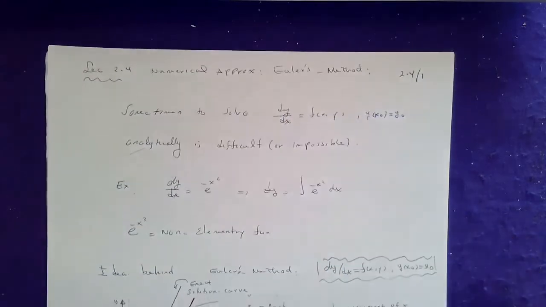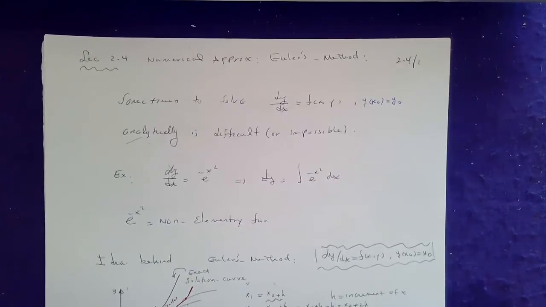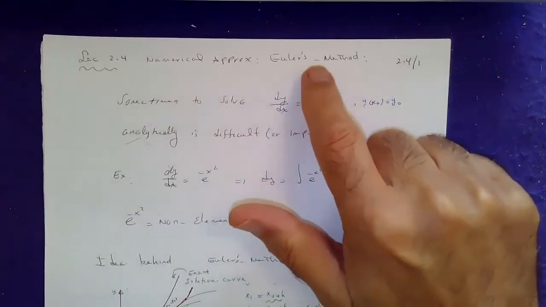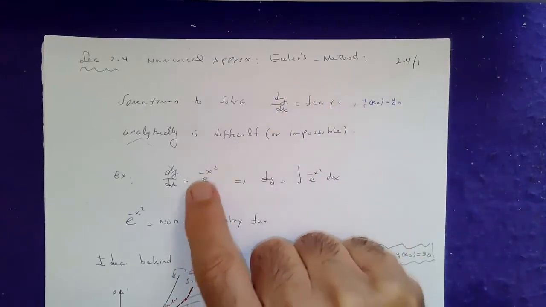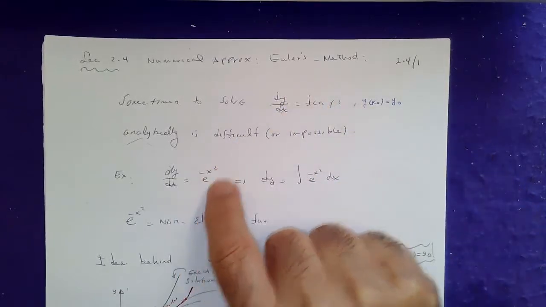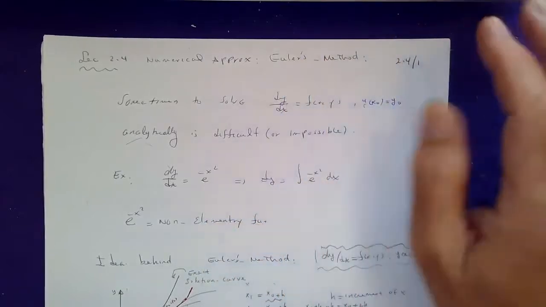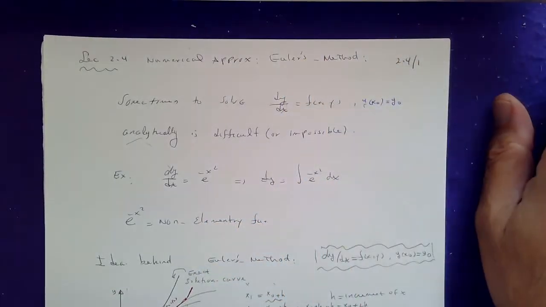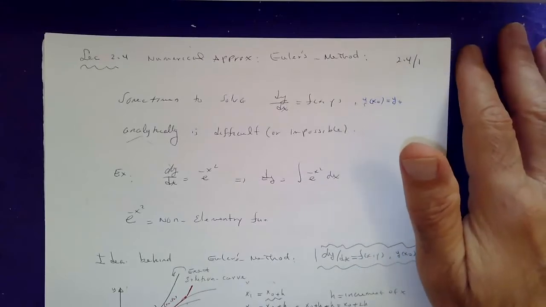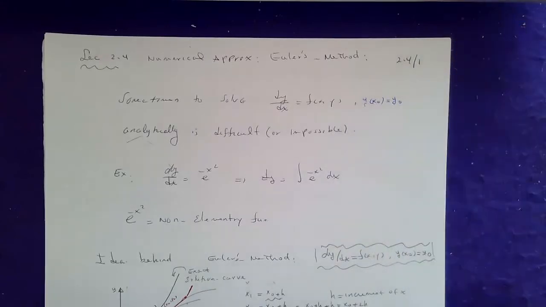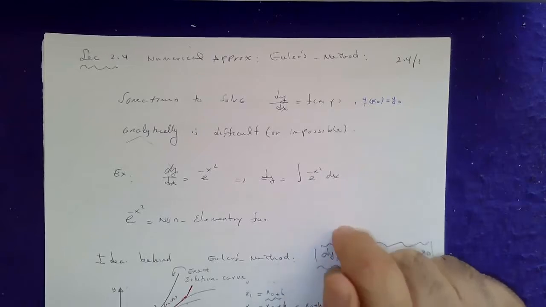Because it was the very first algorithm to approximate solutions of differential equations that were difficult to solve, it's not that accurate. Later on, other mathematicians came up with better ways because of technology and all that, but this is the very first one.